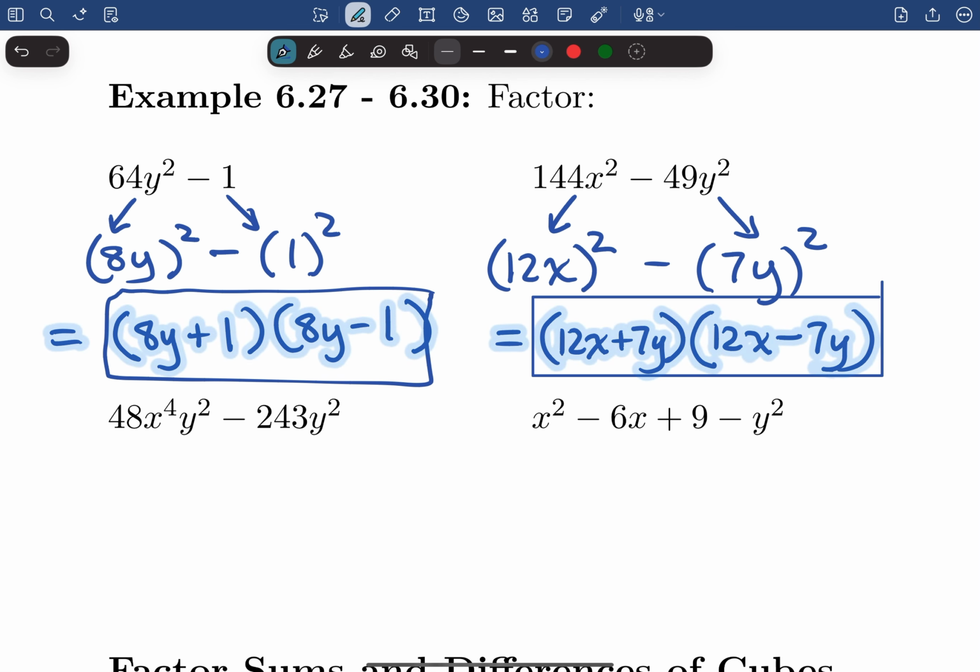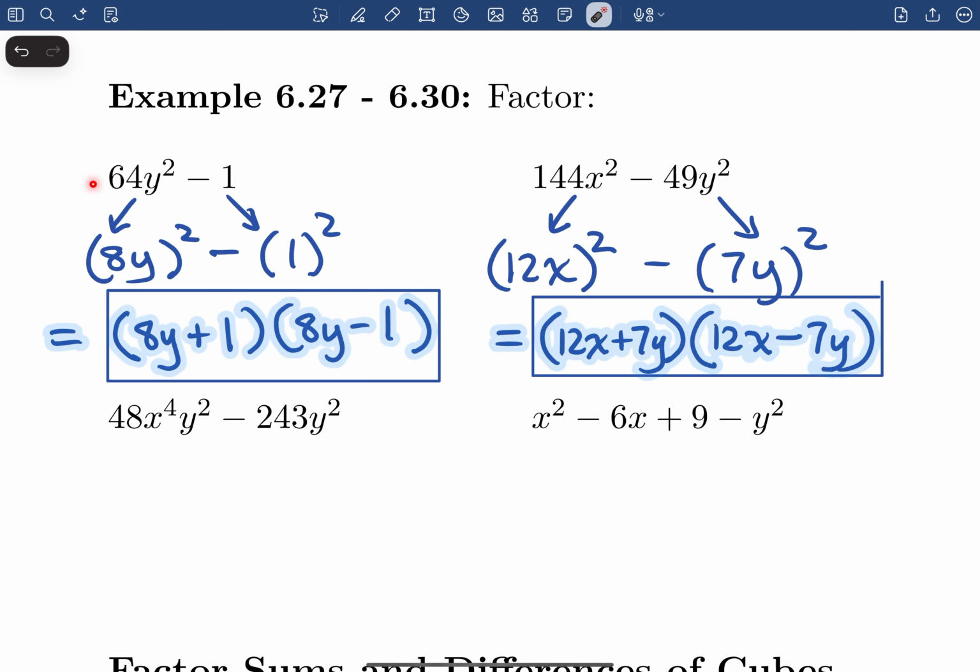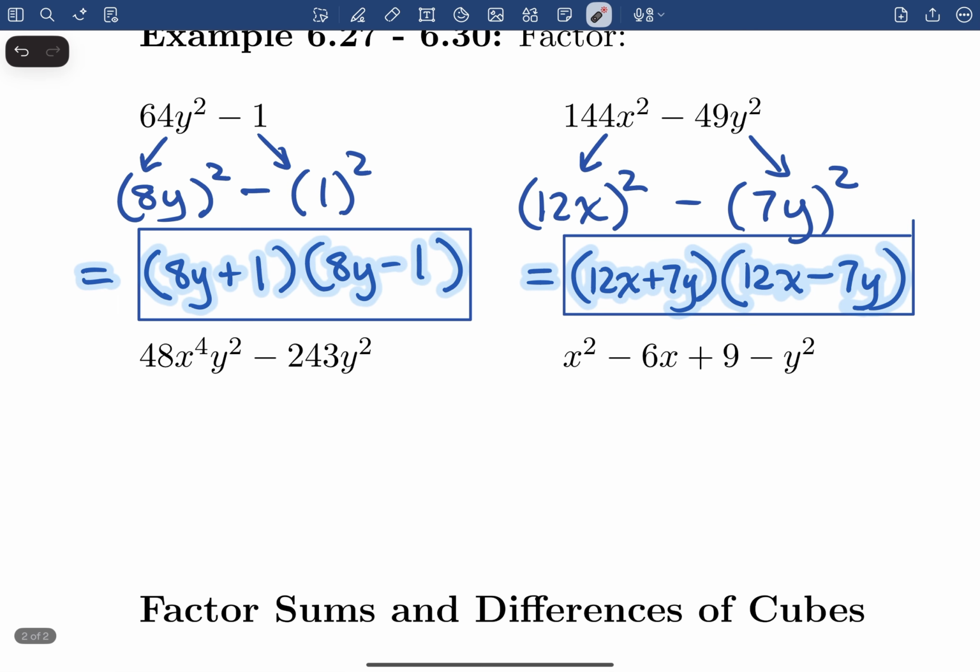This is the difference of squares pattern. Nobody's going to tell you that this is the difference of squares. You have to recognize it. You have to be the one that recognizes it so that you can use the pattern and make your life really easy.